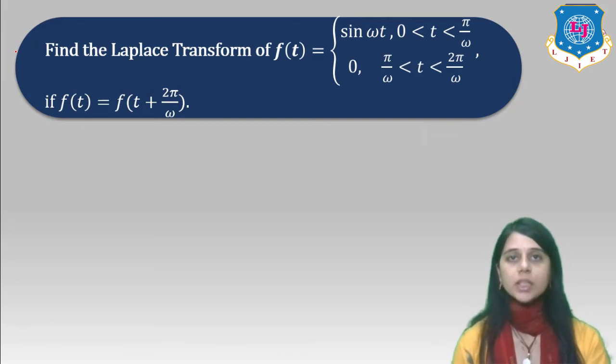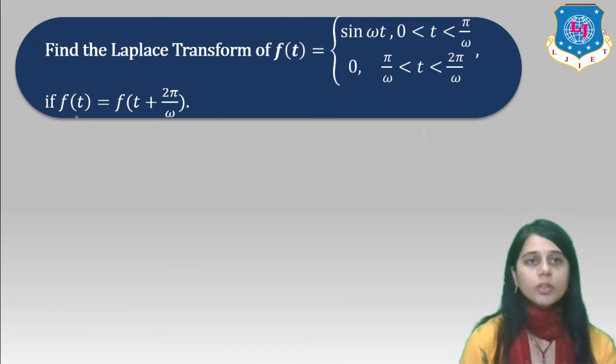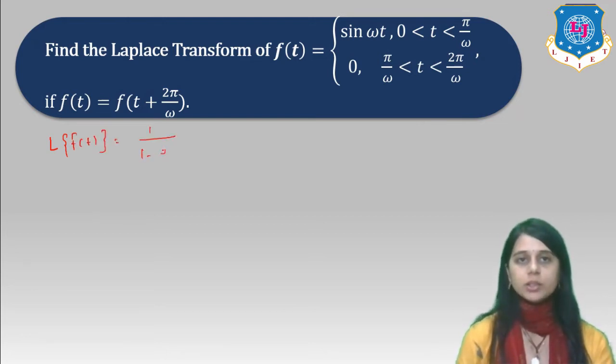Now, we take an example to understand the periodic function. Find the Laplace transform of f of t, where the function is sin omega t for 0 to pi by omega, and in the second interval the function is 0. The formula for the periodic function is Laplace of f of t equals 1 upon 1 minus e raised to minus ps, integration 0 to p of e raised to minus st f of t dt.